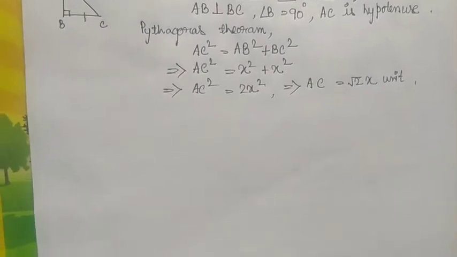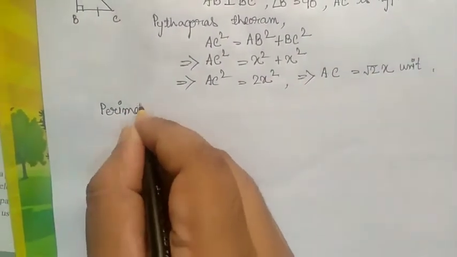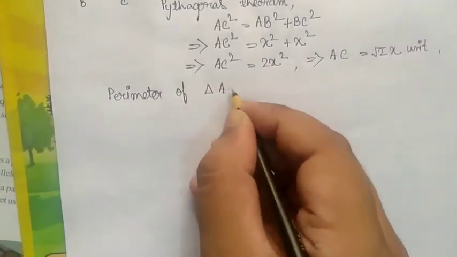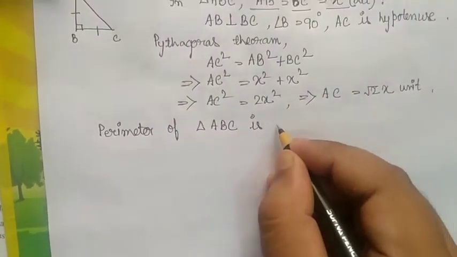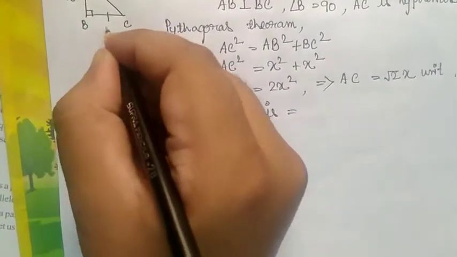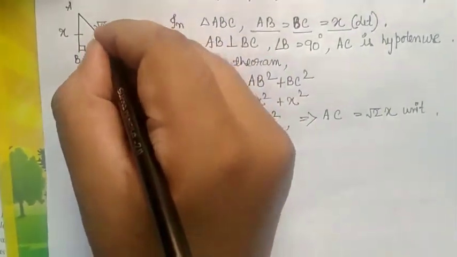So therefore perimeter of triangle ABC is, we know this is X, this is X, and here we find that AC is root 2X.